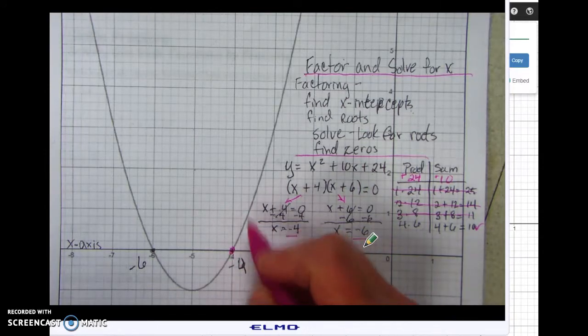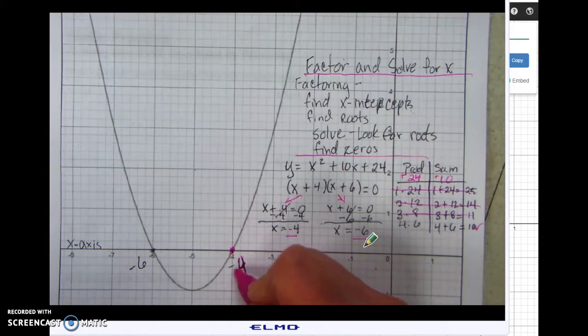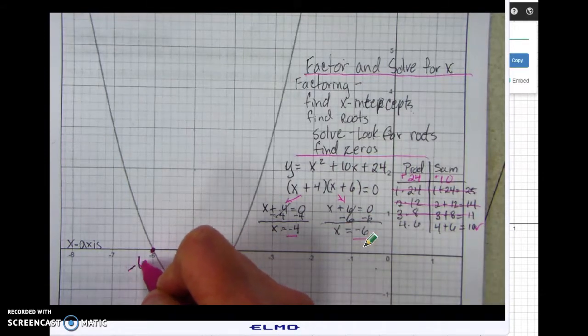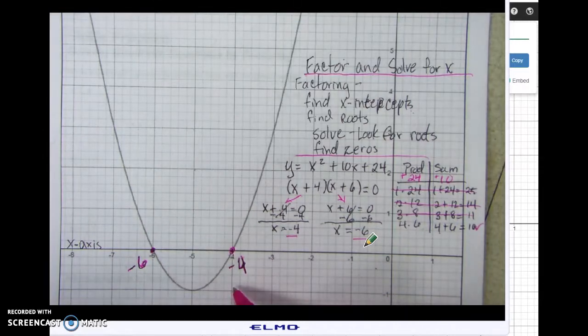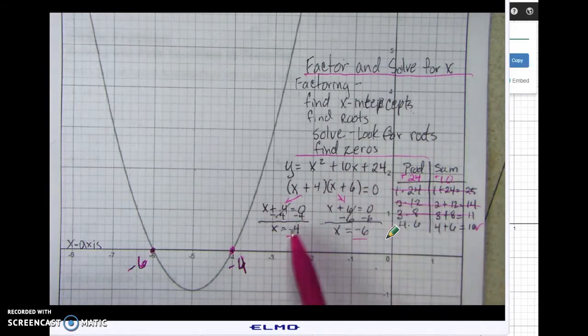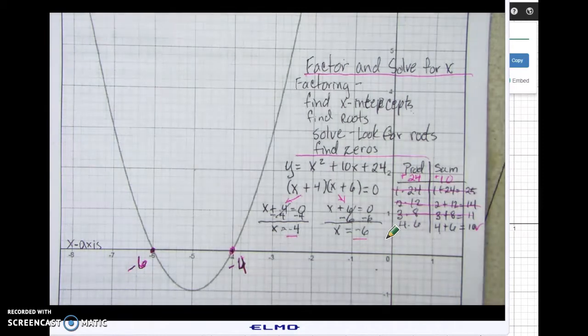Oh, look at here. That is a negative 4. This root is a negative 6. I can check my answer right there to see if it's right. And I know that it is because I'm looking at the graph, and that's the x-intercepts. So when I factor, I solve for x, and then I find the x-intercept. It's that simple. Now you're going to do a couple of practice problems.